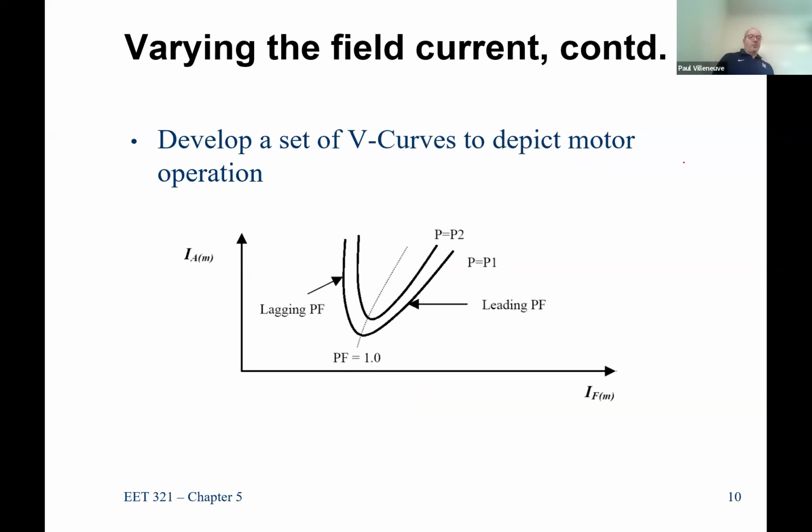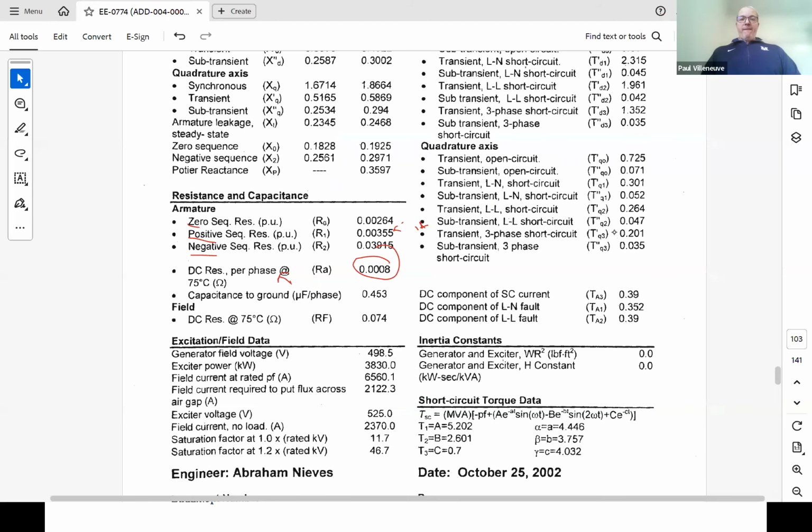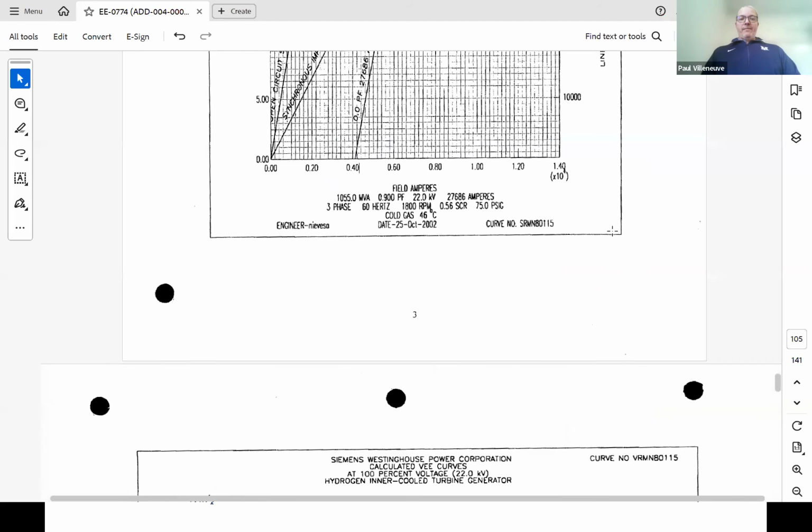V curves, this shows motor operation. Let's take a look back at this. Even a synchronous generator that's never going to run as a synchronous motor, and if it does, head for the hills because there's a really serious problem, still has V curves provided. Essentially, you can see the power factor goes from lagging to leading, overexcited versus underexcited.